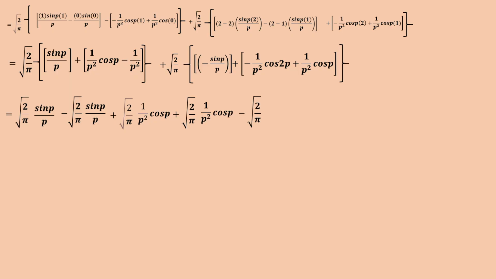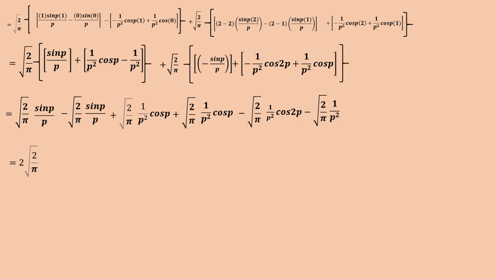Then first bracket, third term, root 2 divided by pi into 1 minus p square minus root 2 divided by pi into 1 by p square. Then second bracket, second term, minus root 2 divided by pi 1 by p square cos 2p, right, which is equal to root 2 divided by pi sine p by p minus root 2 divided by pi sine p by p, p gets cancelled.